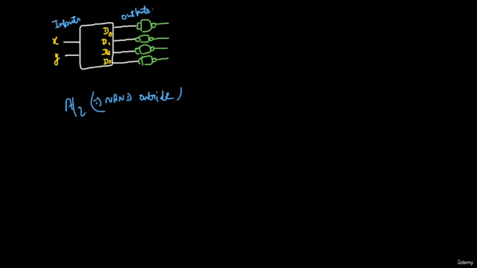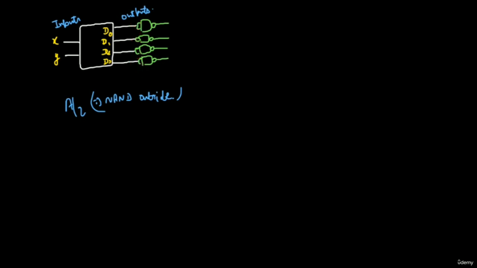Now, the NAND gate is just acting as the NOT gate right now. Why the NOT gate? Because as you can see, I have not given two inputs or three inputs, I am giving just one input. I have connected these four with just one input.